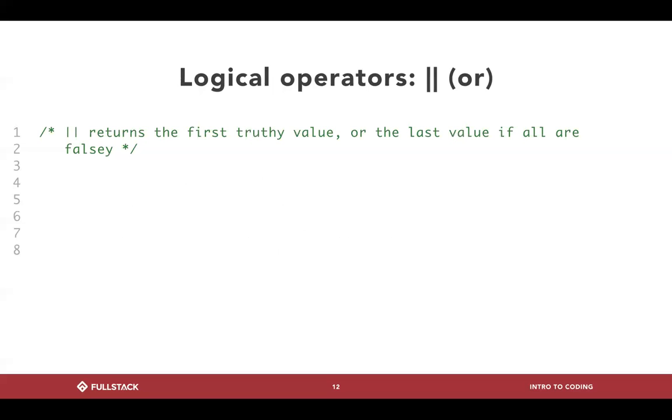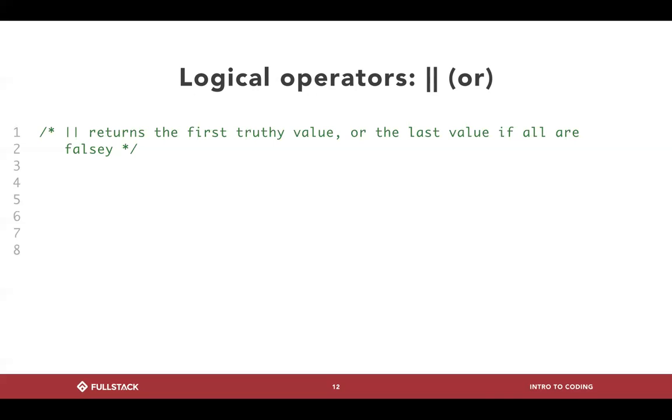So we have and, and then we also have or. In a conditional statement, instead of all of these things having to be true for the whole conditional statement to be true, if any one of these things is true, then the entire conditional statement is true.